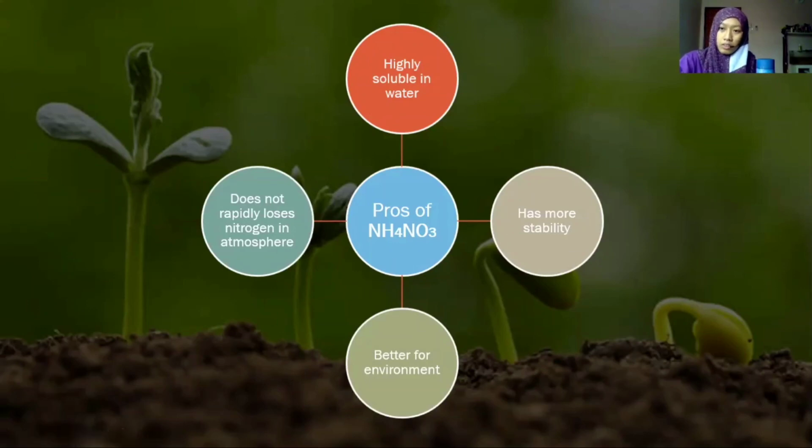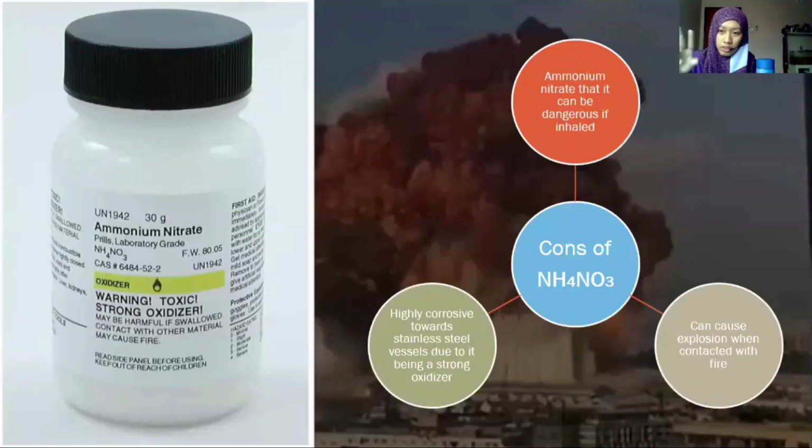And so for the cons, there are three: ammonium nitrate can be dangerous if inhaled, it is harmful if swallowed, and it is also able to cause an explosion on contact with fire, and it is very flammable because it is a highly oxidizing agent.